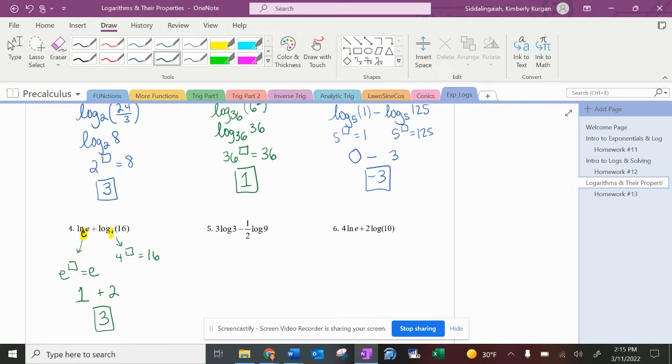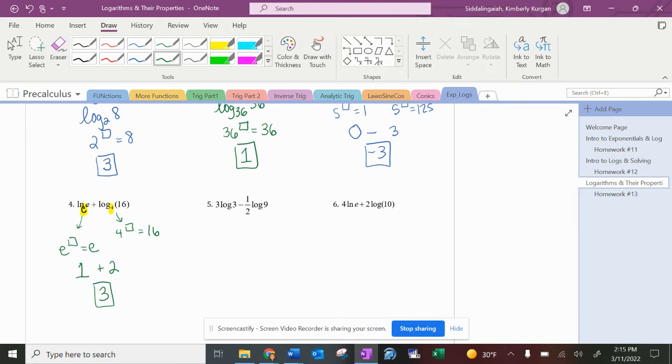All right, just a couple more, and then we'll get into a different type of problem around the properties. So for number 5, I have two different logs, and usually I want to try to push them together if they're two different logs. I see that they're the same base. Even though it's not written, these are both base 10.